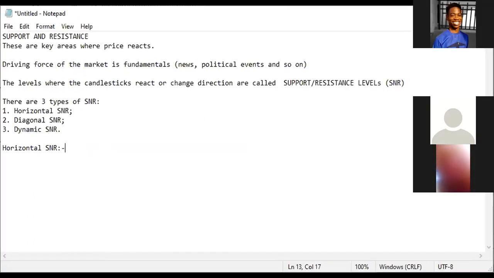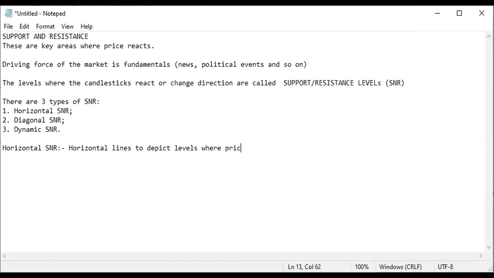Horizontal support and resistance is your horizontal lines that depict levels where price reacts.